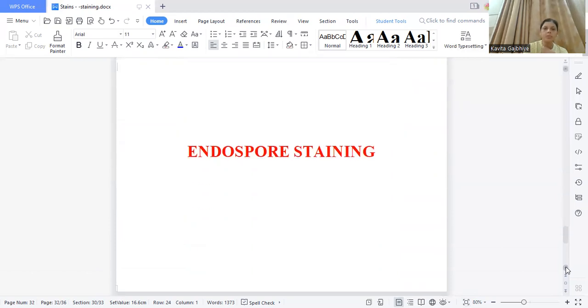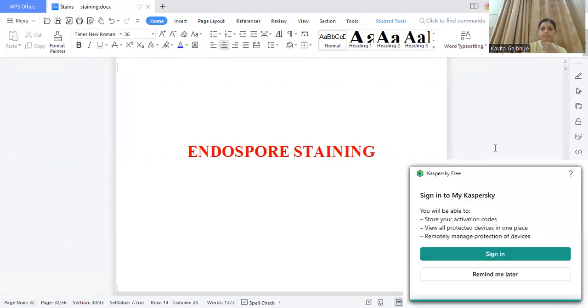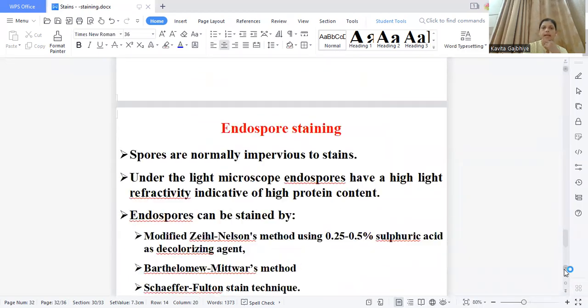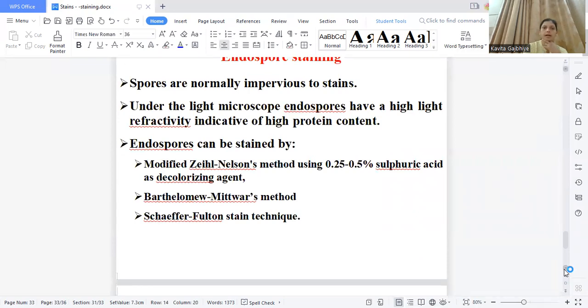Now I am taking one more example of special staining, which is the endospore staining process. Spores are normally impervious to stain.